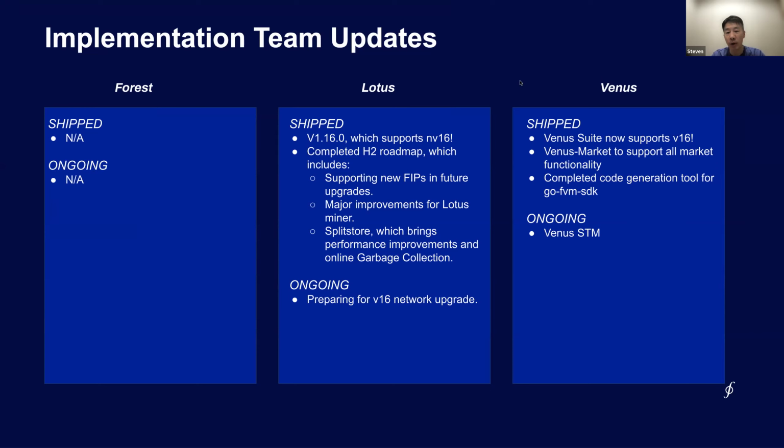And the next one is we have a fully functional Venus market, which is already deployed. We fixed a few bugs. Now I think there are a few storage providers using this one, which is good.